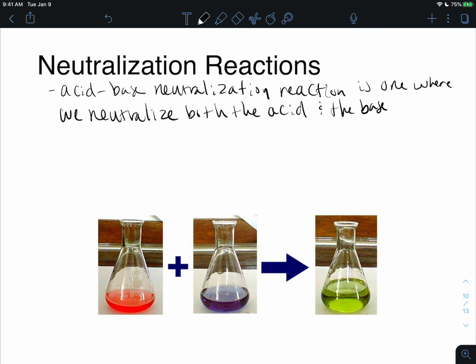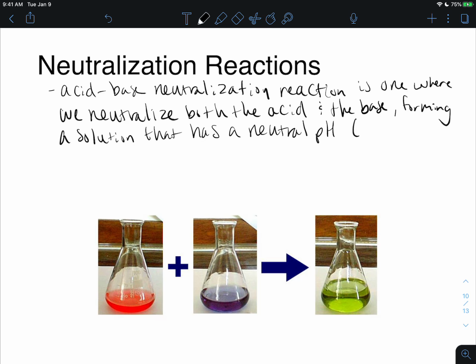So they kind of cancel each other out, forming a solution that has a neutral pH, usually.